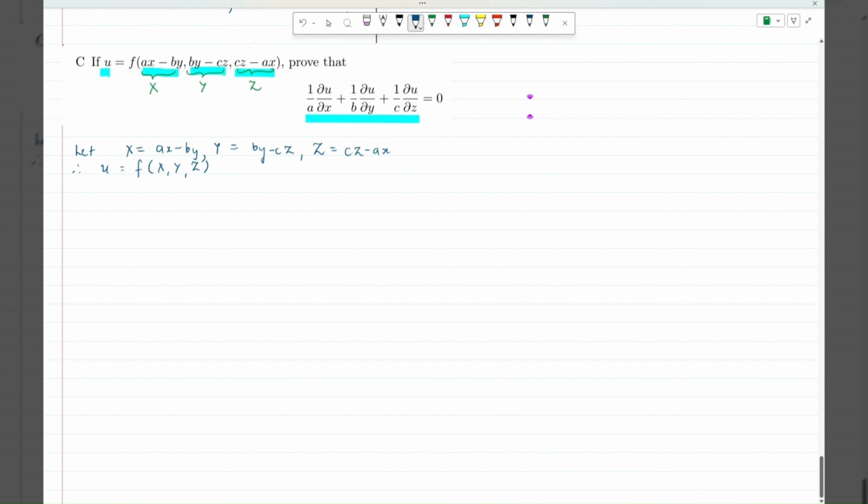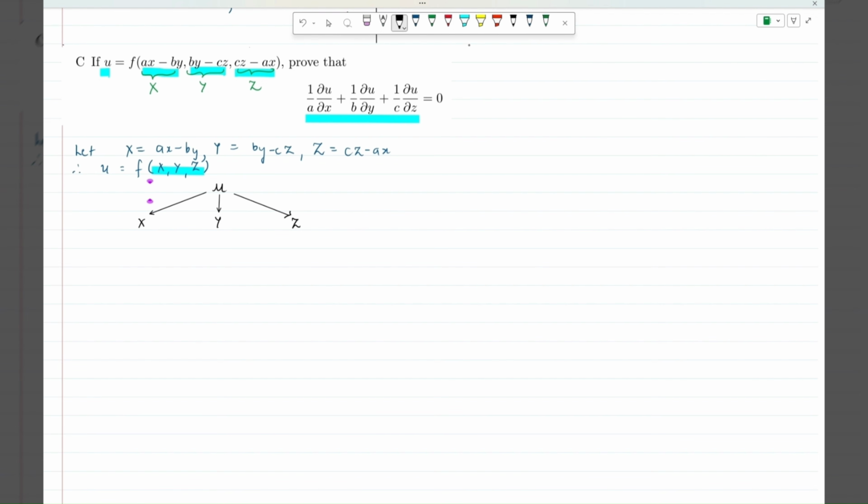We start with the function u. Since u is expressed as a function of capital X, Y and Z, from u we are going to drop down three arrows, one for X, one for Y and one for Z. This indicates the dependency of function u.